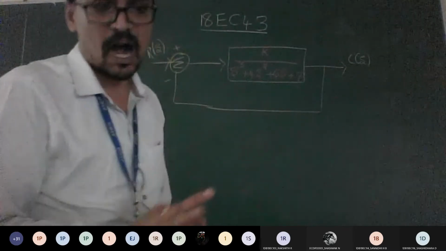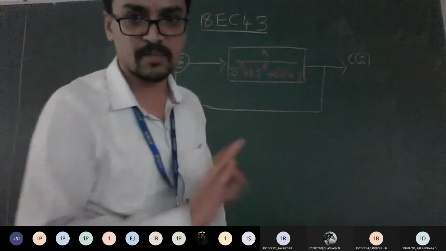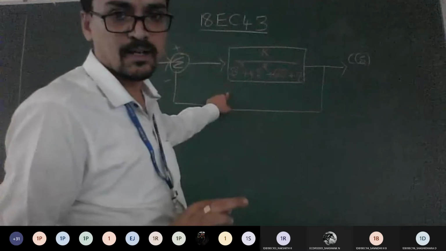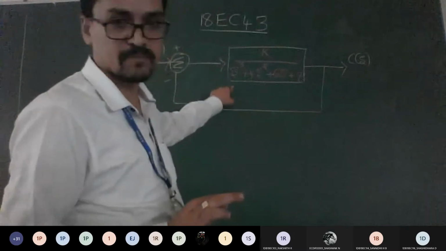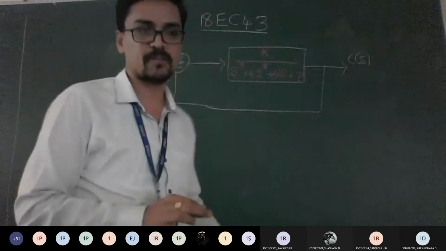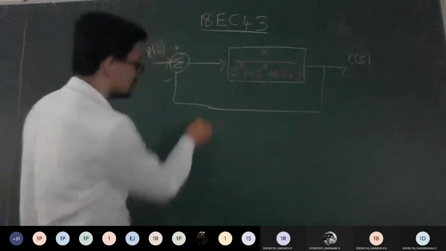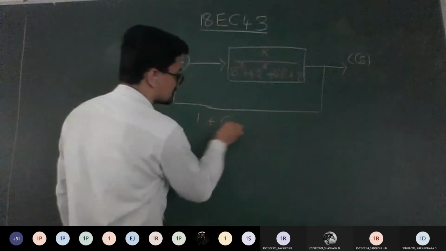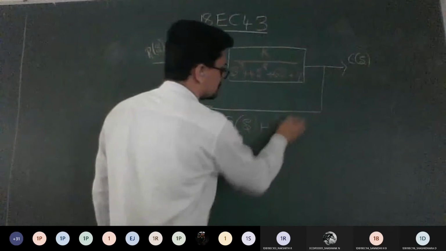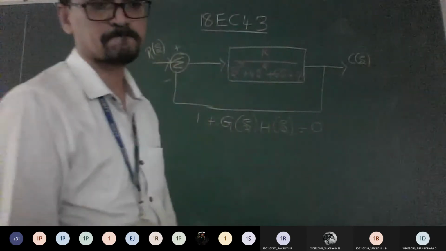After building the characteristic equation, applying Routh's concept, getting the RH table remains the same. So to get that, just make a note, we'll proceed. The characteristic equation is given by, I hope you remember this formula, 1 plus G of s into H of s is equal to 0. Do you remember this, everyone?